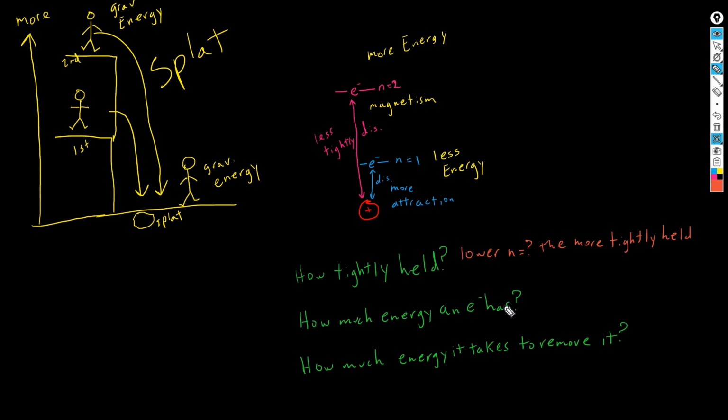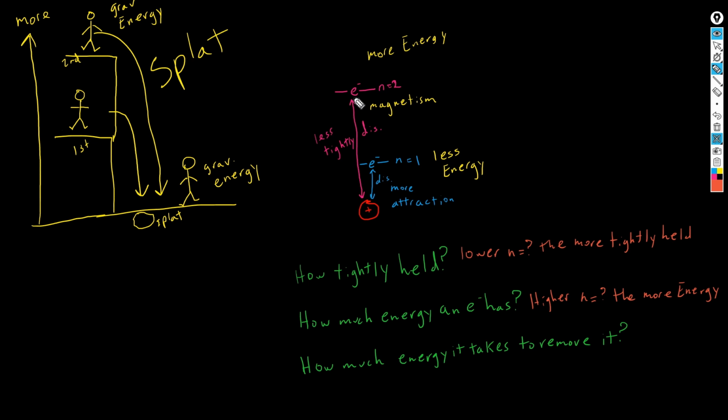How much energy an electron has is the opposite. The higher the energy level, the more energy. So the higher the energy level number is, N equals 1, N equals 2, N equals 3, the more energy we'll have.